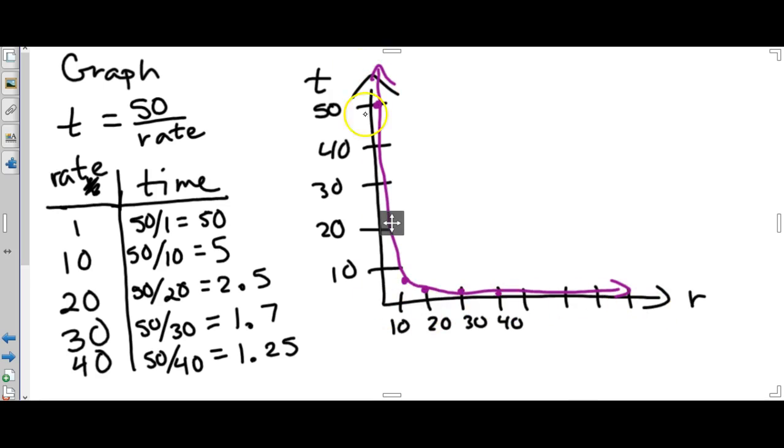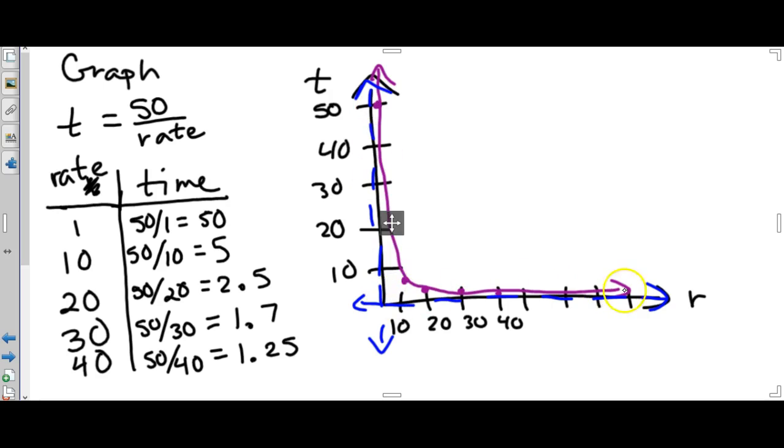So these lines we never cross are called asymptotes. Right now it happens to be that the asymptotes are actually on the x and y axis, but that doesn't have to be the case. They can be moved around. So asymptotes are these lines we can never cross.